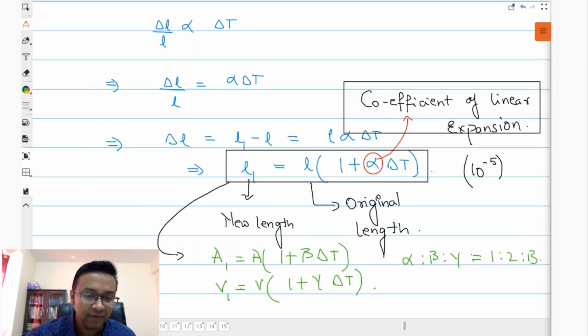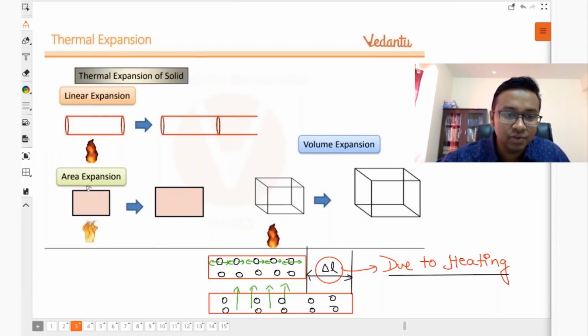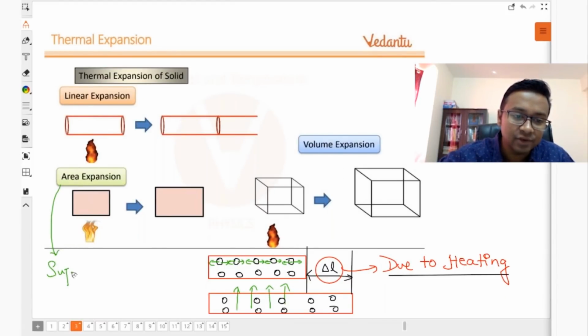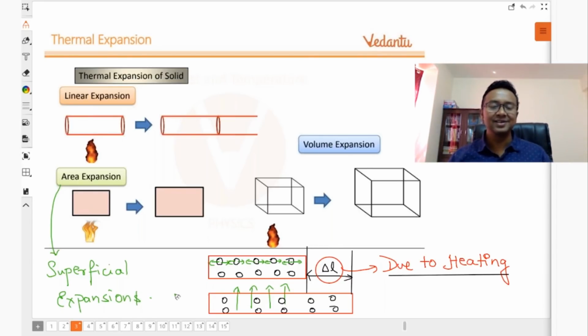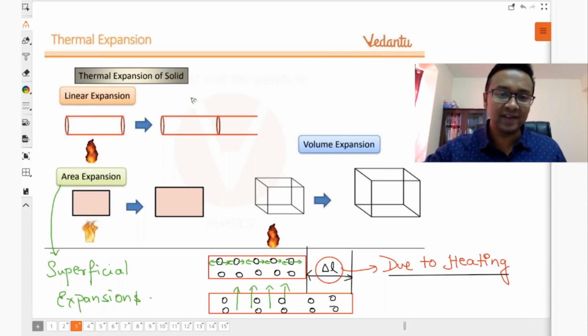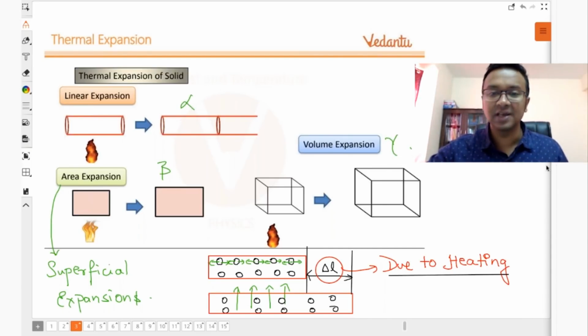If it is increasing in area, my dear students, we call it area expansion, or also superficial expansion. All right, students. Great. So for this we have alpha, for this we have beta, for this we have gamma.